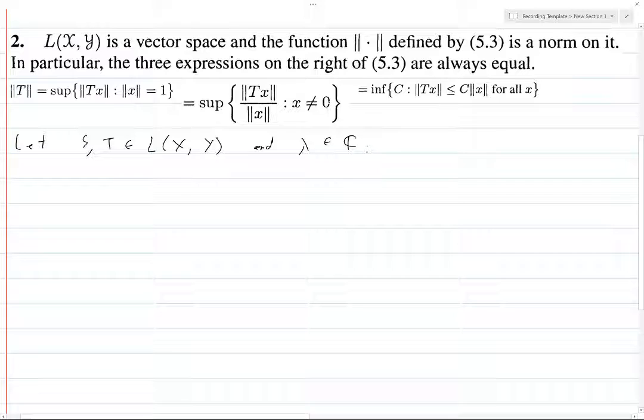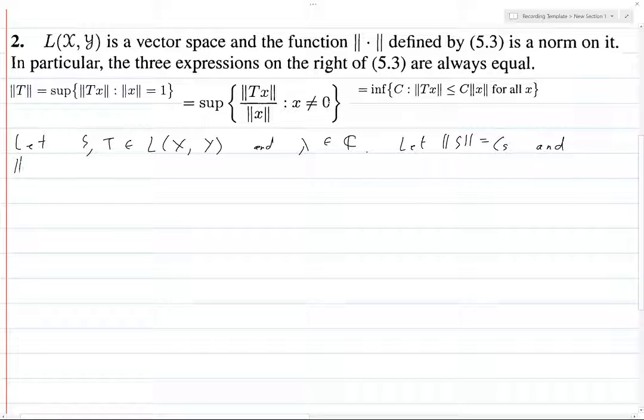So let's see, we've got this. Since S and T are in L(x, y), they have norms. So let the norm of S be C_S, and, well, I guess it does technically make sense to first define that these three expressions are always equal, so that we have a well-defined norm here, but whatever, let's just stick with this.